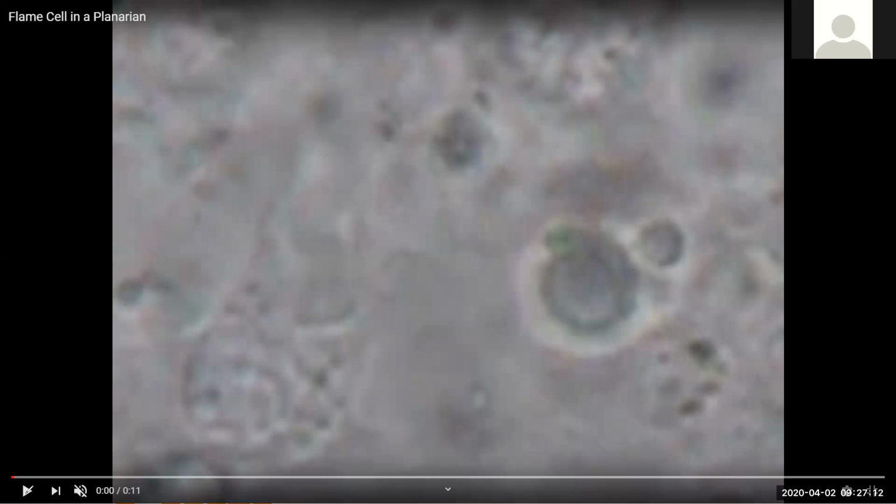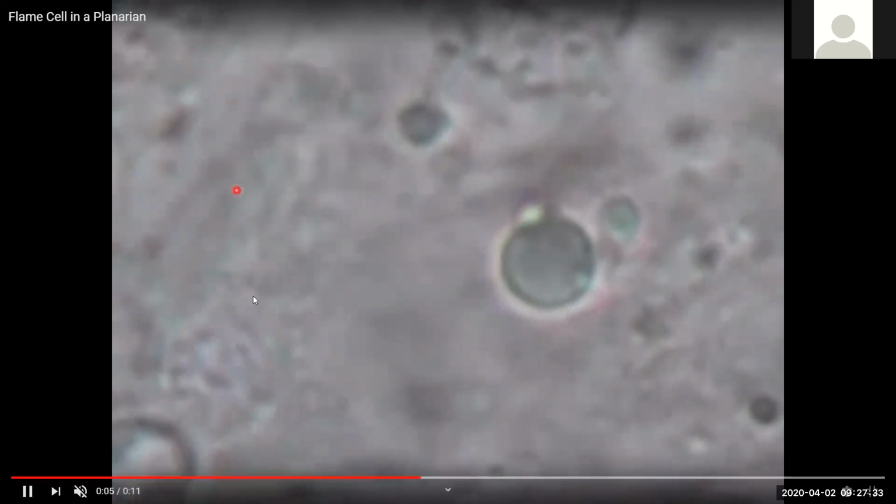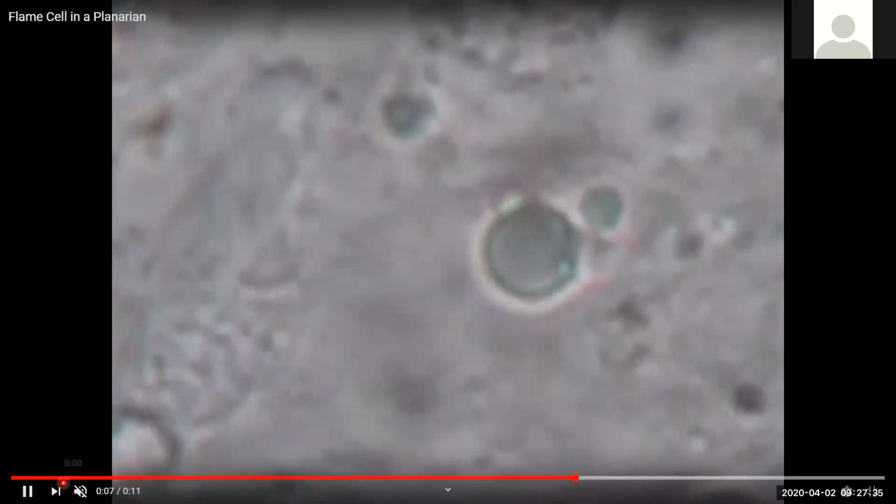This is a flame cell, and what you're going to see is movement across the screen. One of the early microscopes that was developed looked at these flame cells, and all they could see is this wavering back and forth. It was nowhere near what we see here. And this wavering back and forth looked like a flickering candle flame, so they called it a flame cell.